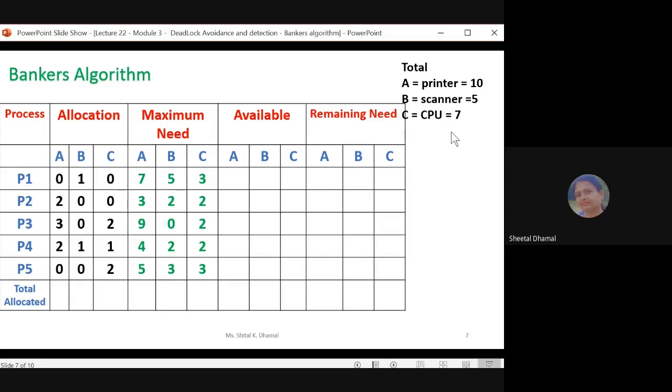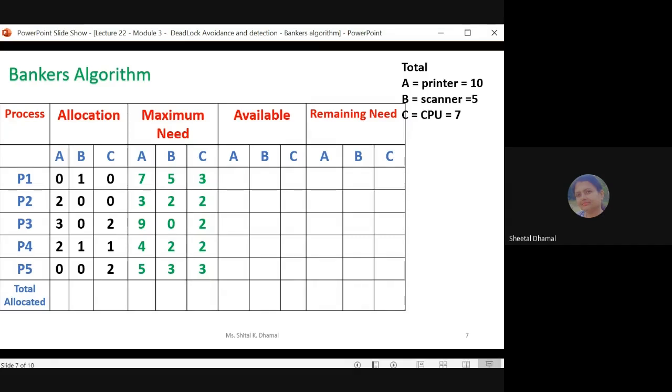These are the total available resources, but some number of resources are already allocated to the processes. How many printers, how many scanners, and how many CPUs are assigned to all the processes. 7 printers, 3 plus 2, 5 plus 2. Yes, 7. How many scanners? 2 scanners. And how many CPUs?